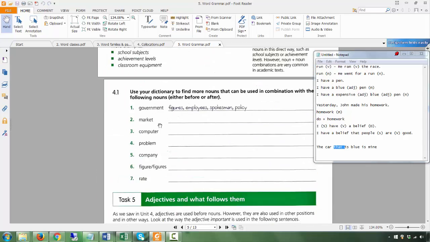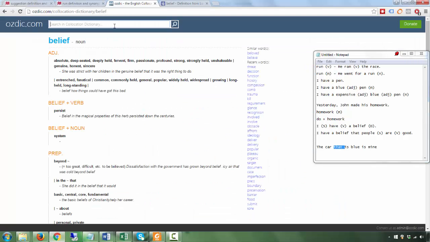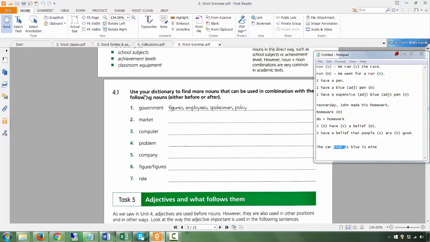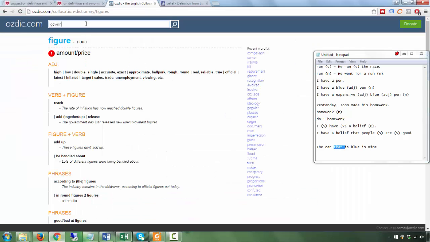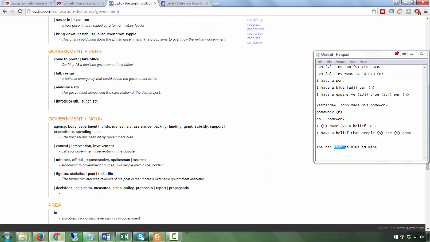What you could do is go to, say, OSDIC again for the noun combinations. It's like, what is it? Figures? What was one of them? Government. Okay, so government. Do you have a noun? Government agency, government body.